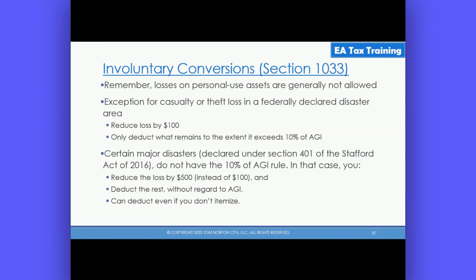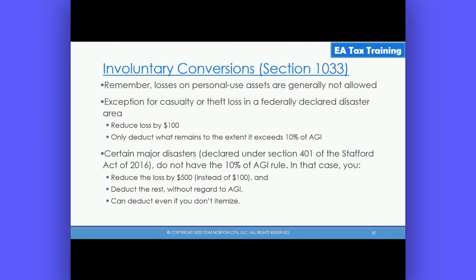But if you have one of these major disasters, then you don't have this 10% of AGI rule. In that case, you reduce the loss by $500 instead of $100. So in our example, you would have a $20,000 loss, you reduce it by $500, it would be a $19,500 loss. Then you can deduct the entire $19,500, and you can do that even if you don't itemize.